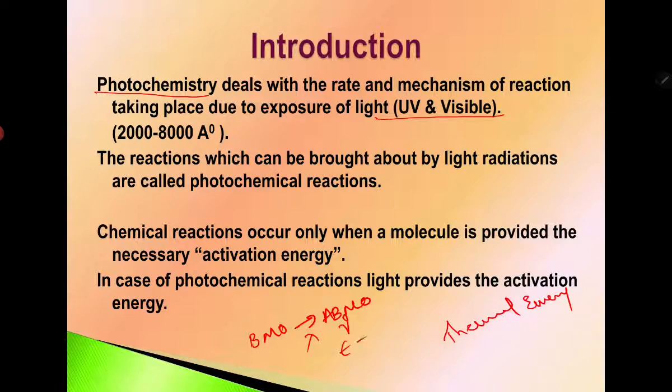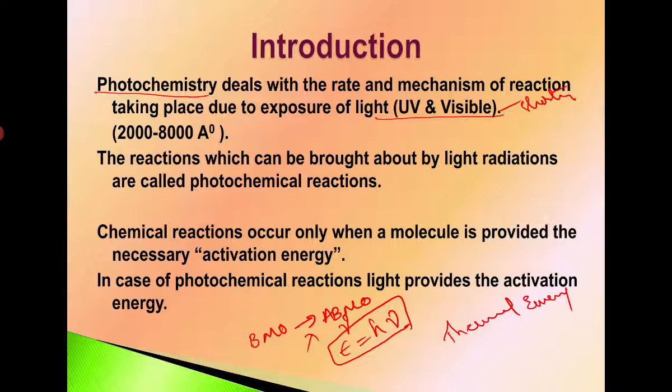According to Planck's theory, the energy absorbed by a molecule is E equals h nu, and the radiations of shorter wavelengths contain more energy. Visible radiations are of shorter wavelength and they contain more energy, and UV radiations contain energy of nearly 143 kilocalories per mole.